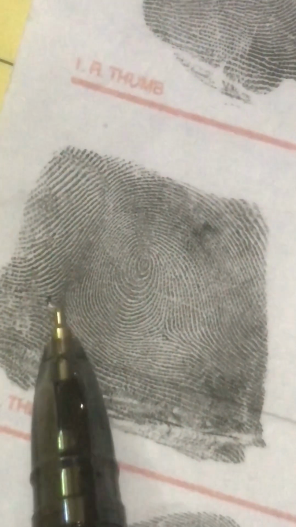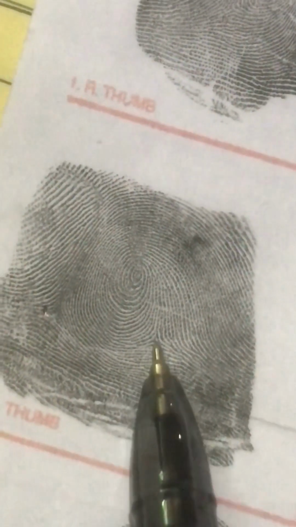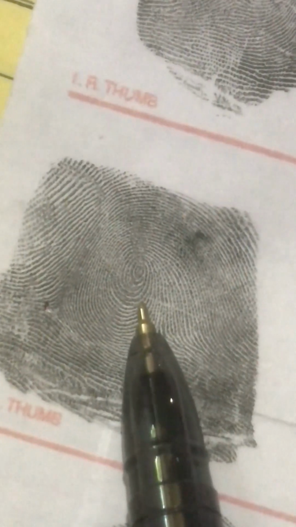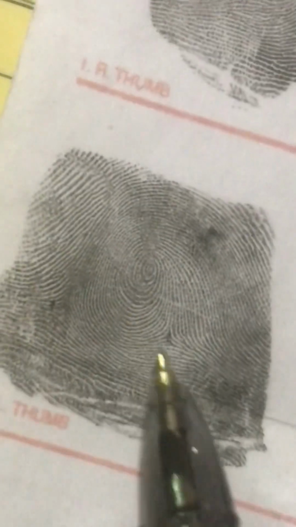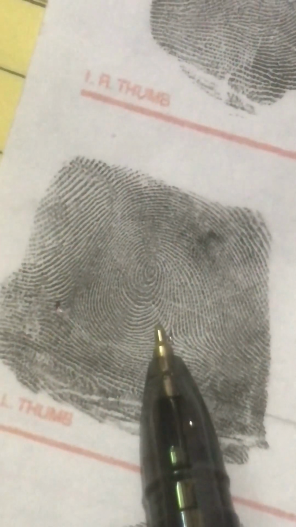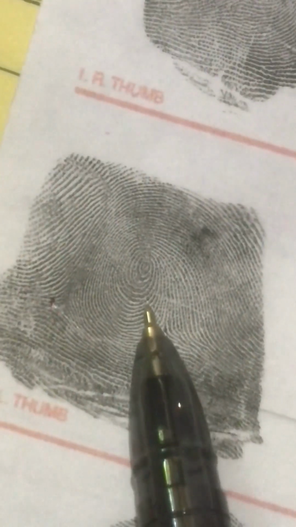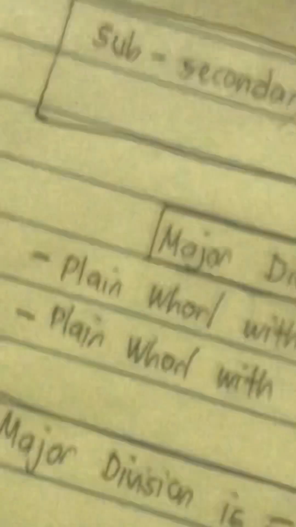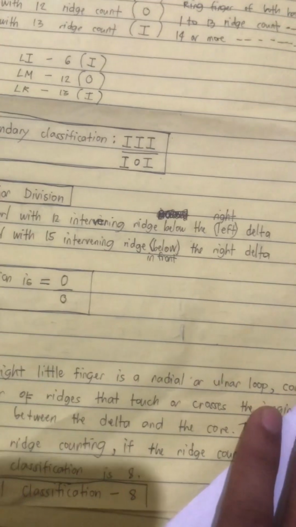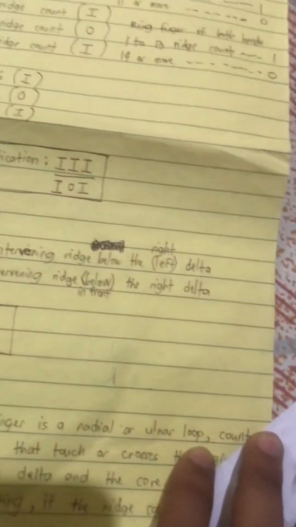So we're going to trace from here to the right delta and the imaginary line to there, and we're going to count the ridges from the right delta. 1, 2, 3, 4, 5, 6, 7, 8, 9, 10, 11, 12. So left thumb, plain whorl with 12 intervening ridges below the right delta.